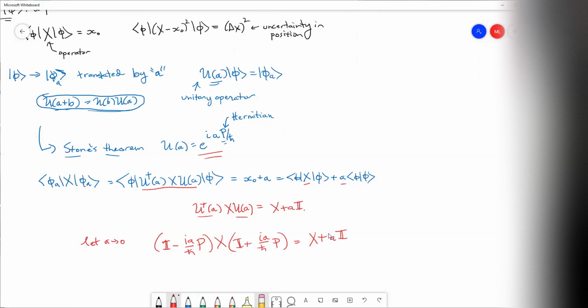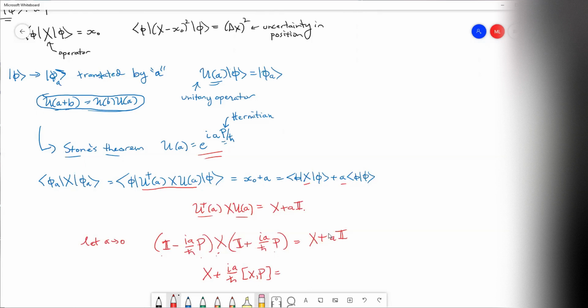And we have to look at the leading order terms. So you look at the first term here, which is X, but then you have plus i a over h bar times the commutator of X and P. Those are the two cross terms, right? There's X times X times P minus P times X. Oh, let's see, did I mess up a minus sign?